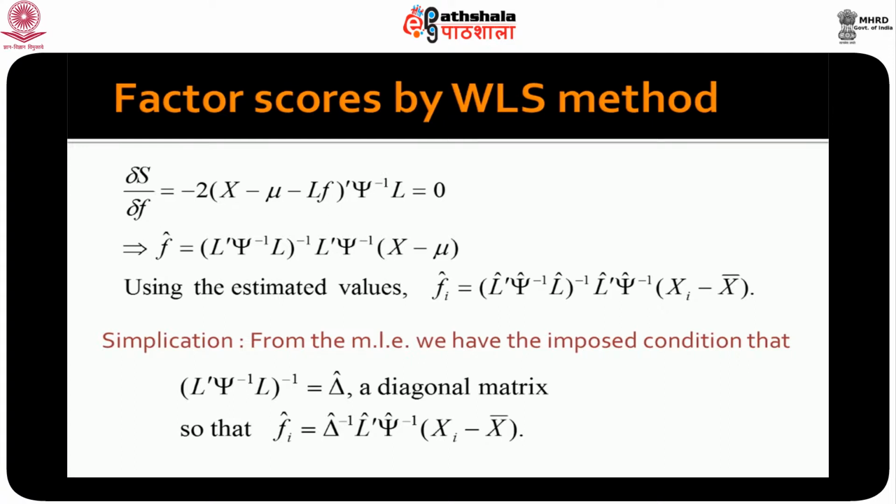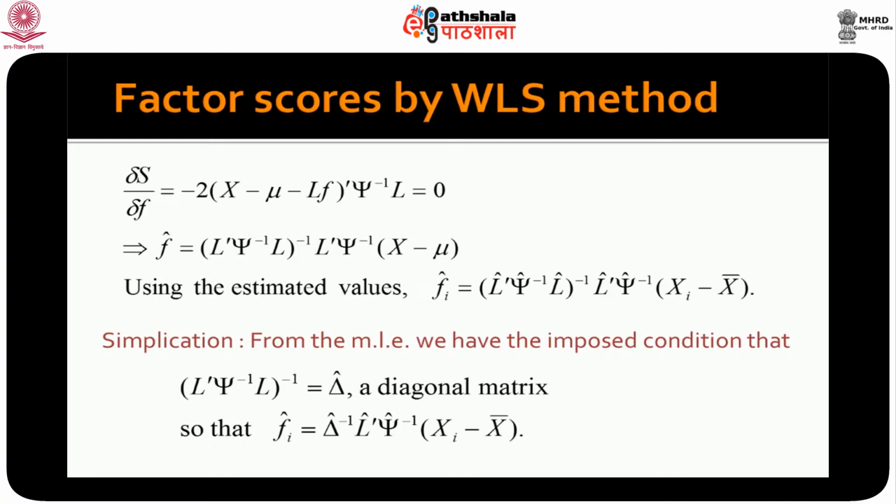So, instead of the individual's xi vector, which is m dimensional, we get the individual's factor scores, the F i hat vector, which is p dimensional. And now we can summarize this. Instead of a larger set, we have a smaller set of variables to look at.